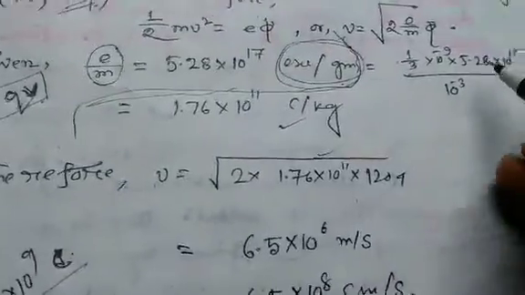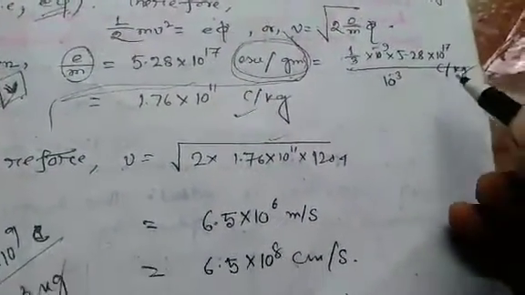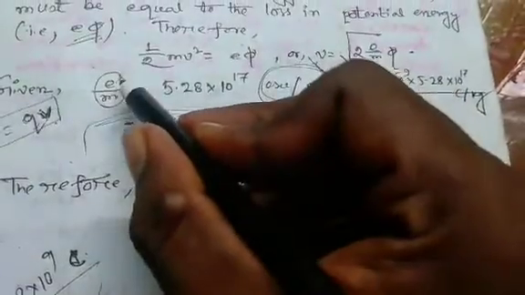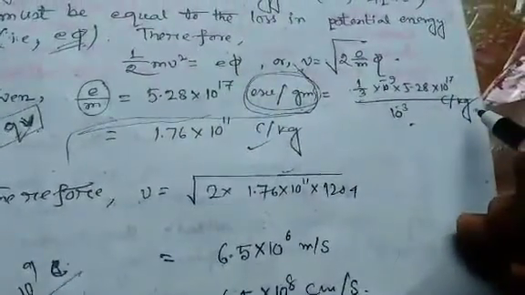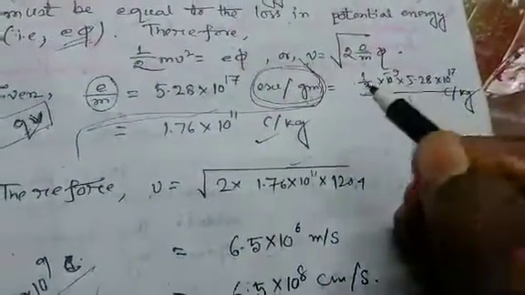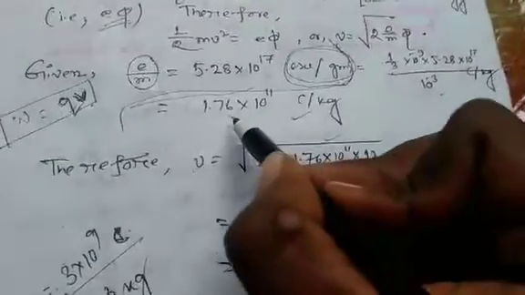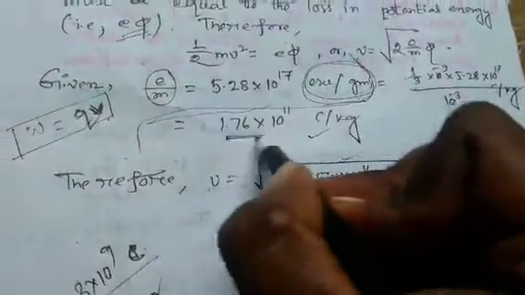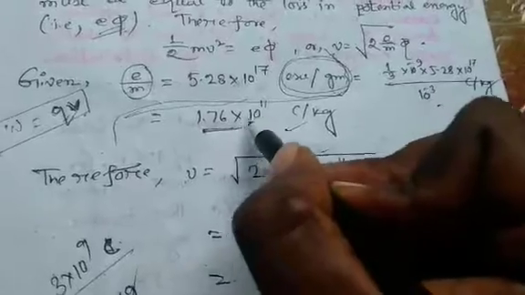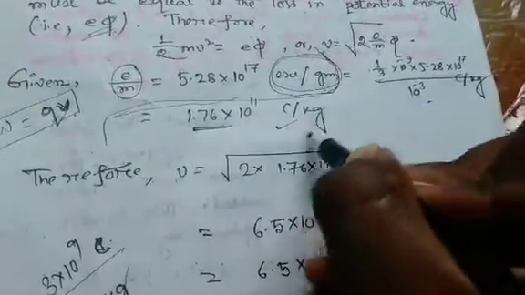Putting this value here, we get the value of e by m in SI unit. So e by m value is 1.76 into 10 to the power 11 coulomb per kg.